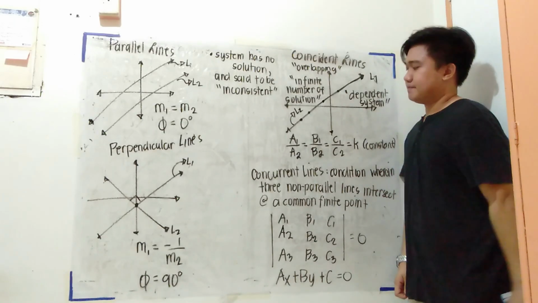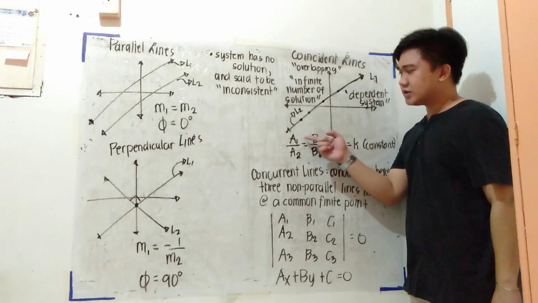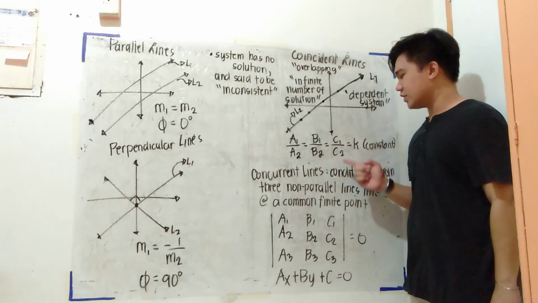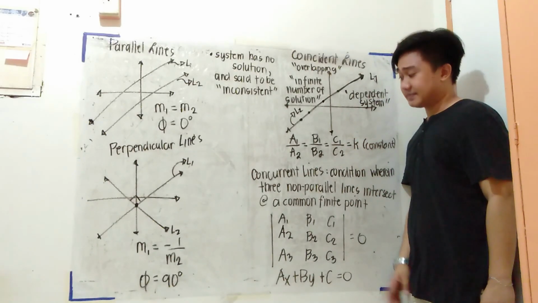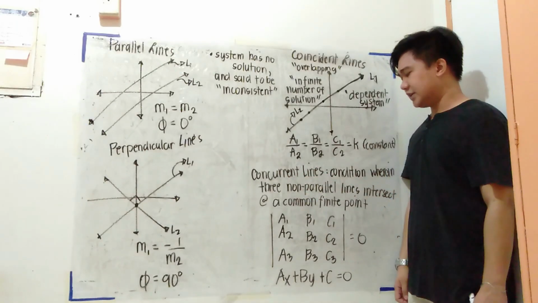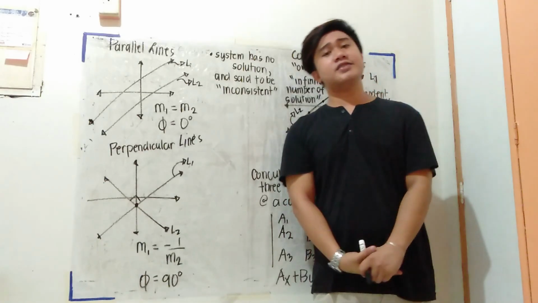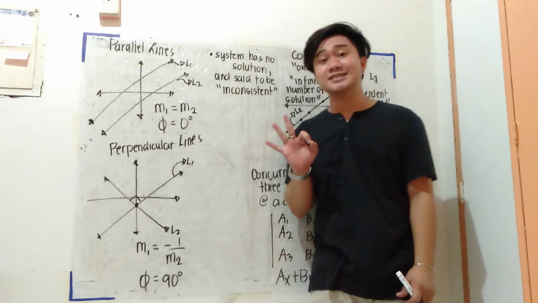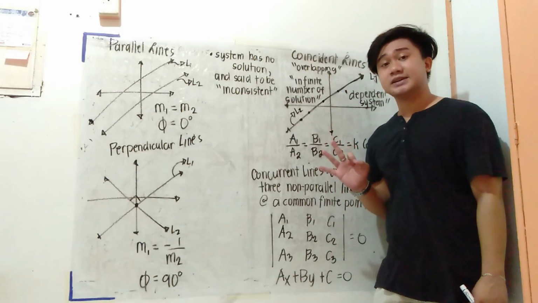Next, guys, is with the characteristic of coincident lines. Yung ratio ng A1 over A2, B1 over B2, at C1 over C2 ay constant lang. Okay? Then, let's move forward to concurrent lines. Kapag sinabi natin concurrent lines, this is the condition wherein three non-parallel lines are intersecting at a common and finite point.